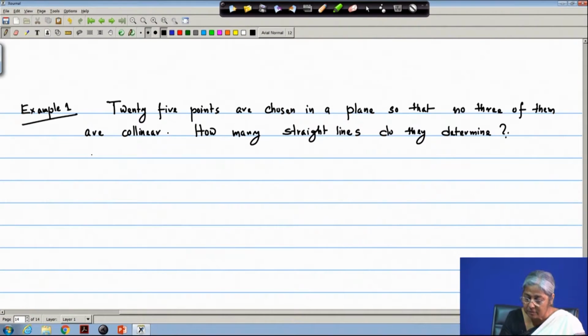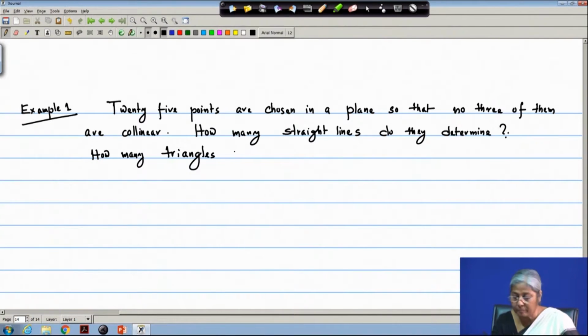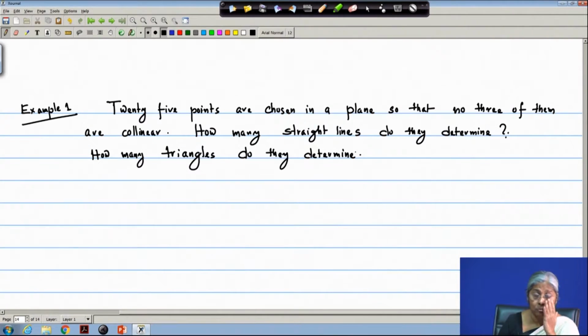Then also we can find how many triangles we can form with these 25 points having this property that no three points are collinear. First thing, this is a pure counting problem and there is no ordering, so unordered arrangements. So, I can give the solution.